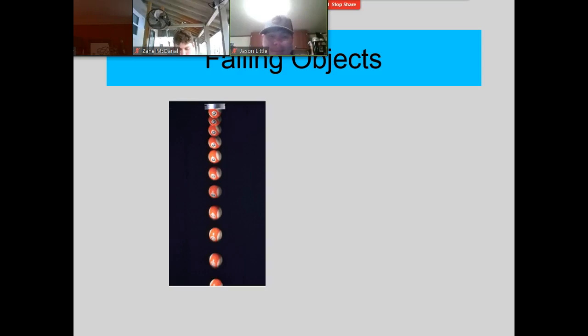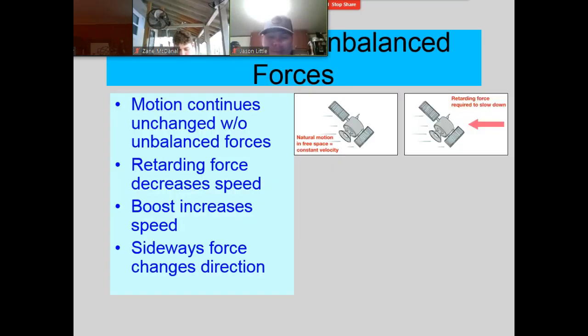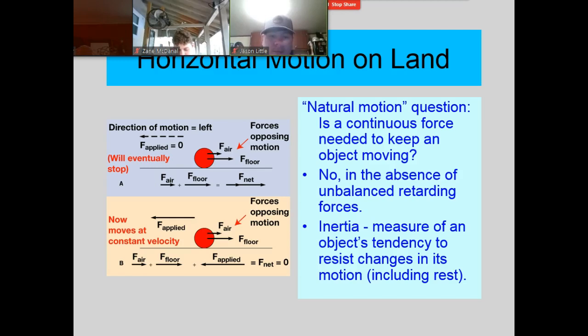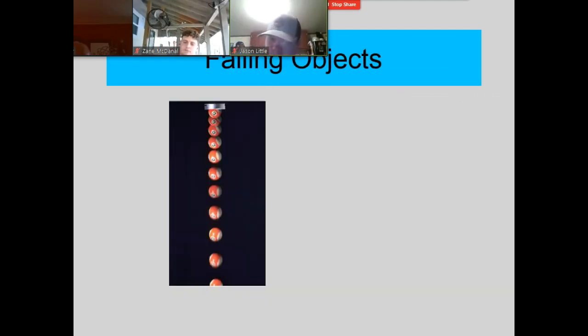What we didn't take into account with horizontal motion, and we didn't need to, is gravity is always pulling down on that ball, but the table or the floor or whatever the surface is pushing up on it. Net force 0 in those directions. That's why we didn't even measure it. However, in vertical motion, gravity is always acting on that object.